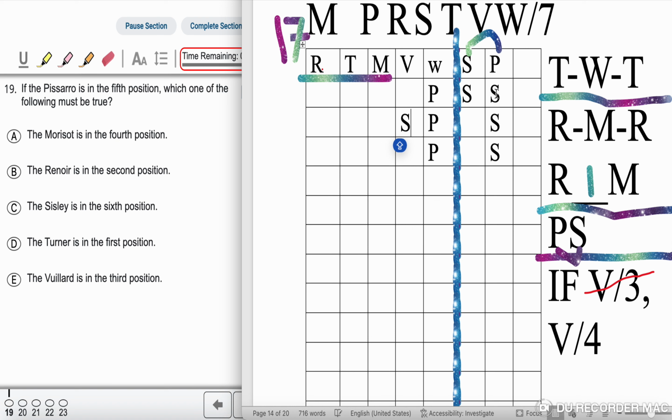So I created 2 worlds right now, where I have S on top and S at the bottom. If I need more, I'll put another one. Let me fill this in as quickly as possible. I'm going to put W here. I'm going to put V here. Now I'm going to do this little coin mirror.